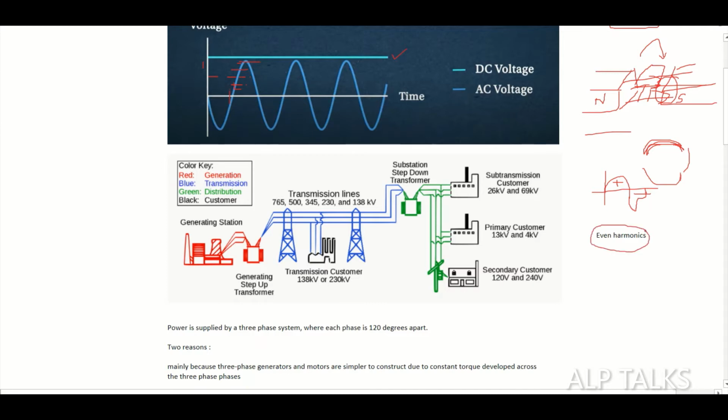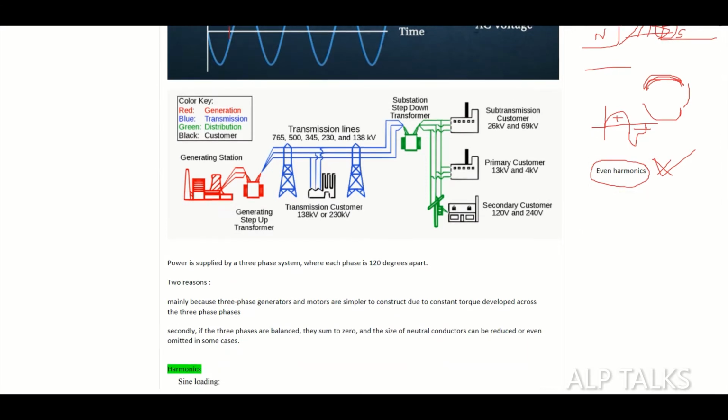There will be no even harmonics, because the positive half cycle and negative half cycle will be similar. 99.99% of the time, it is very rare to have harmonics on the supply side. So we only have odd harmonics now. What are odd harmonics? How will they impact things?